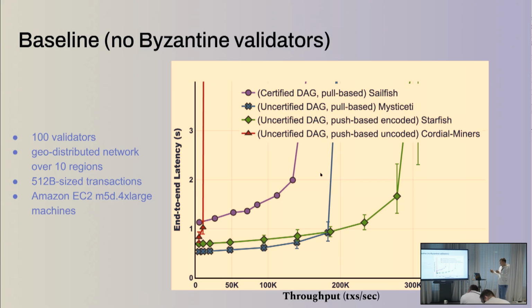Specifically, you can see that for low load, Starfish is worse because it requires this acknowledgement step. But for a high throughput regime, you can handle a high throughput.